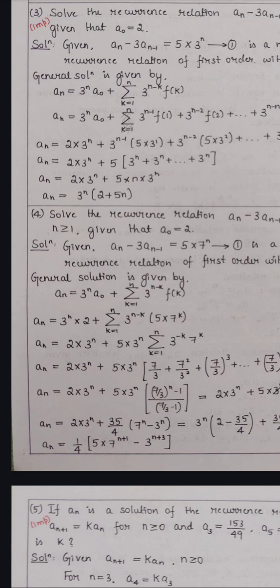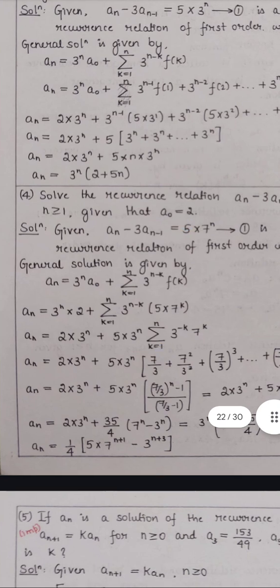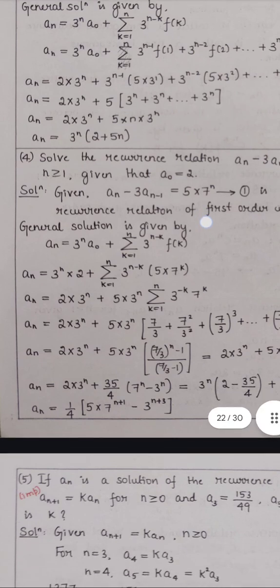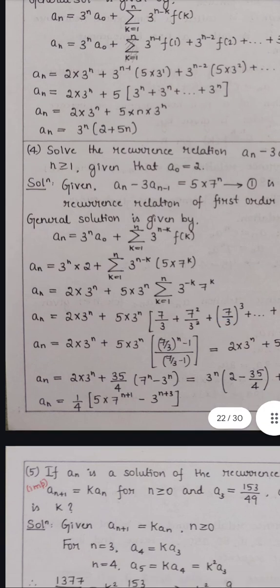How did it become like that? Because 3 power n minus k always gets multiplied, so 3 power n is common in everything and will be taken out. Then summation k equals 1 to n, 3 power minus k and 7 power k.